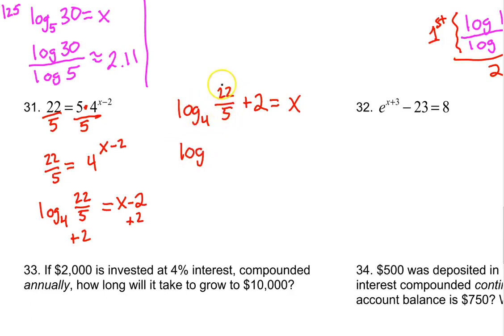Now, your calculator might have an actual button where you don't have to do this. If you have that kind of calculator, you can use that button as well. If not, we have to do log of 22 over 5 divided by log of 4. Add 2 to the answer, and that should be our approximation.